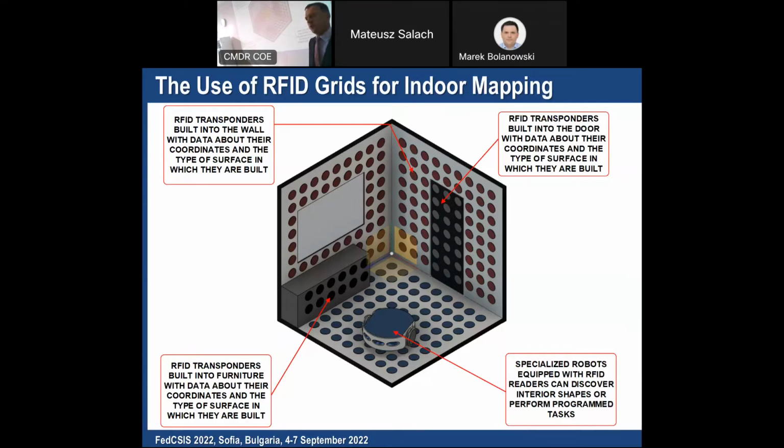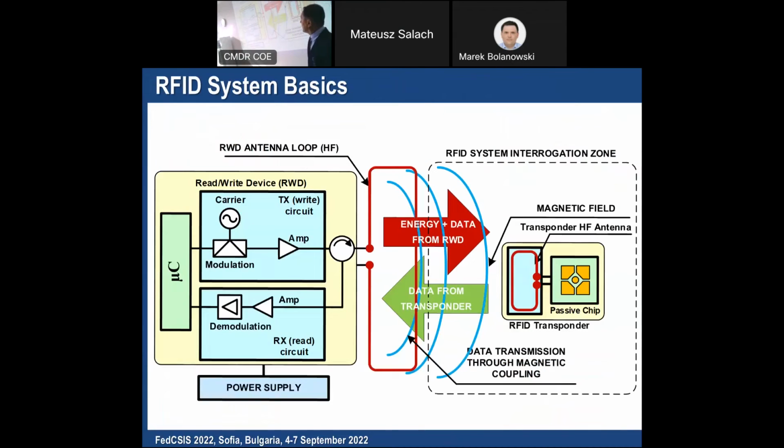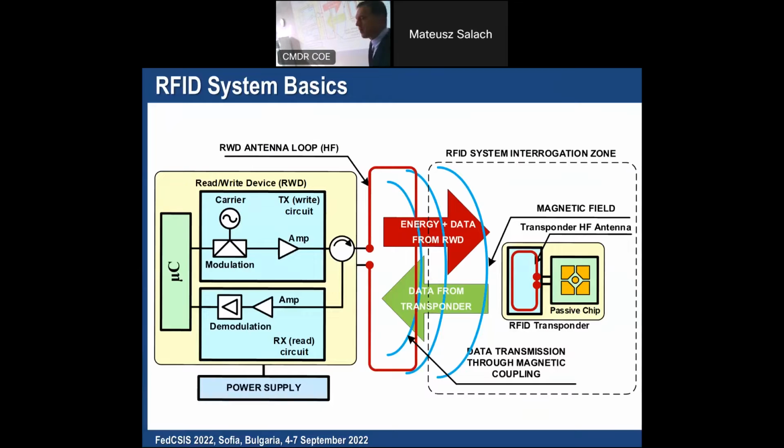But here we focus on so-called passive transponders, and I will briefly explain how the system works. As I said earlier, the robot may read the data or store the data into the memory of the transponder. In order to achieve this, it must be equipped with a device which we call a reader-writer device or read-write device.